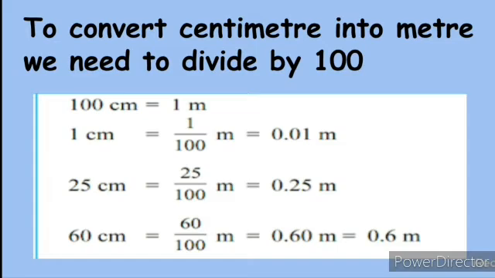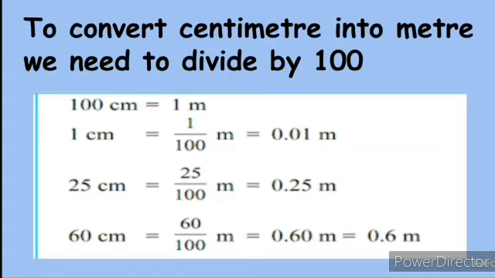So if you want to find 1 centimeter, what will you do? You will divide by 100. 1 centimeter is expressed as 1 upon 100 meter. Now 1 upon 100 is a fraction which is equal to 0.01 meter.